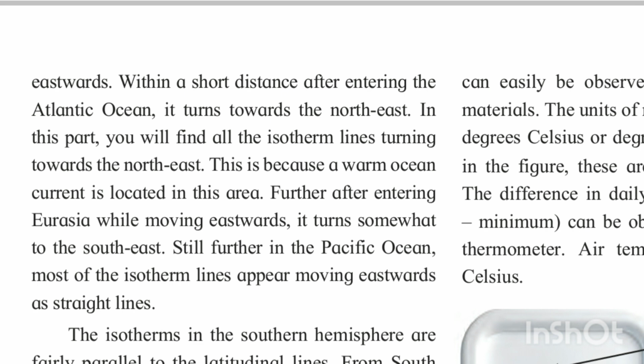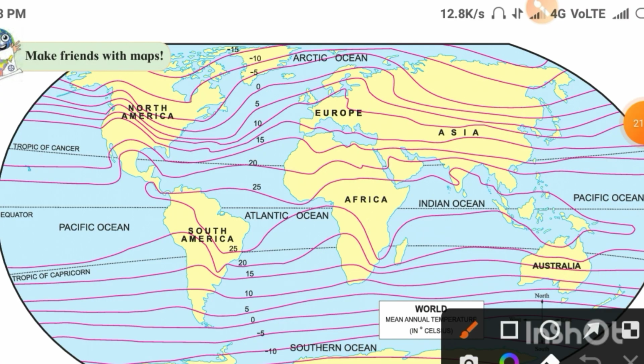So it's trying to say that it's straight in the west, but when it touches the land area in North America, it bends a little. Then in the ocean, it passes through the ocean. Then again when it touches the land area of Eurasia, which is Europe and Asia, it bends again.